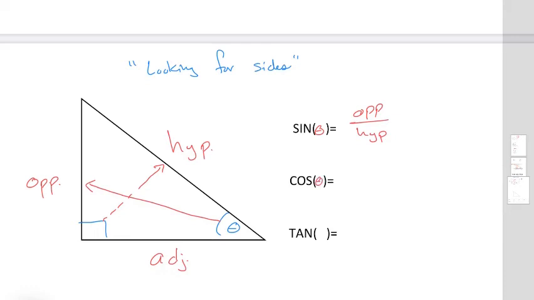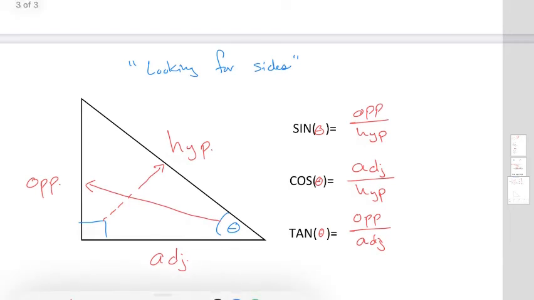Cosine of theta, so same angle of reference, now we're dealing with cosine, is going to be adjacent over hypotenuse. And lastly, we have tan, or tangent of theta. So again, same angle of reference, just a different function, is always going to be opposite over adjacent. And that's always true.